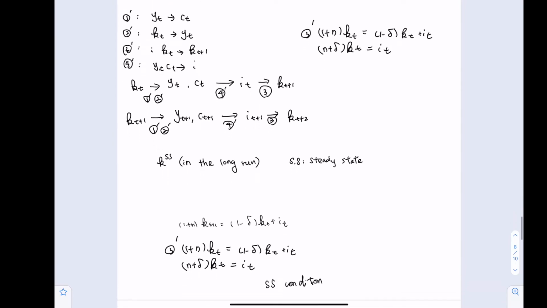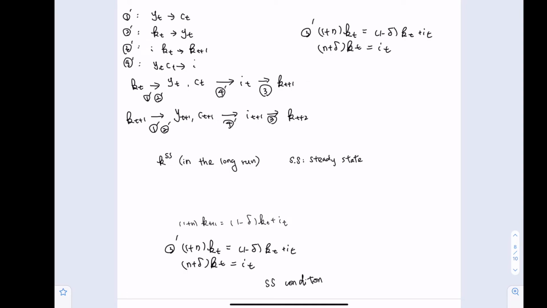And when we want to come up with the steady state condition, the equation now we are looking at is k t plus 1 equal 1 minus delta k t plus the i t. So then the new equation here, we need to cross out the 1 plus n, and then we cross out all the n. So the steady state condition now becomes i t equals delta k t.